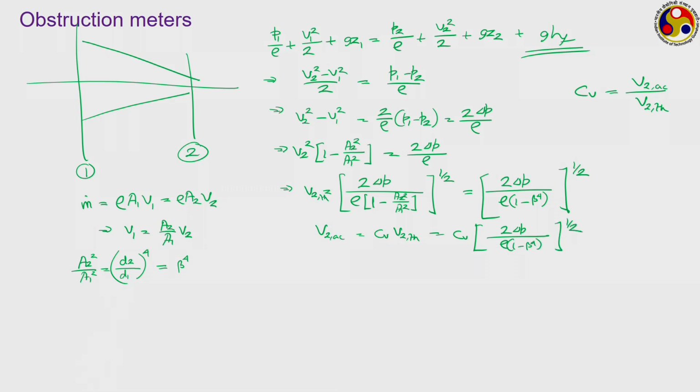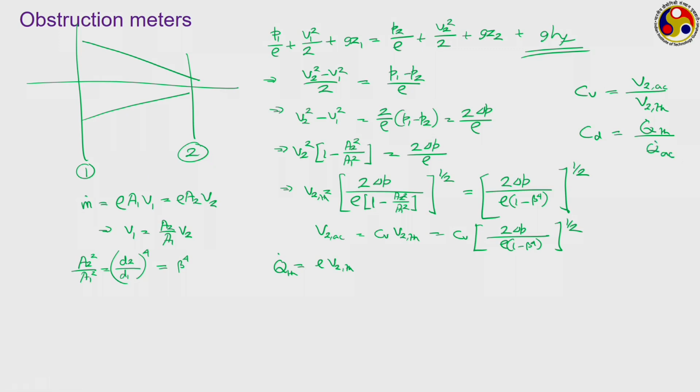But our interest is in flow rate. So, the theoretical flow rate q dot will be equal to rho into V2 theoretical, and again to compare the theoretical and practical flow rates, we define a coefficient called CD, the coefficient of discharge, which is again the ratio of q dot actual by q dot theoretical.